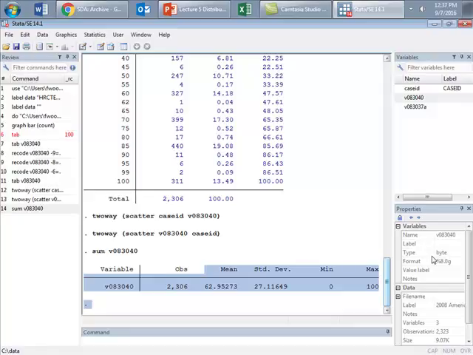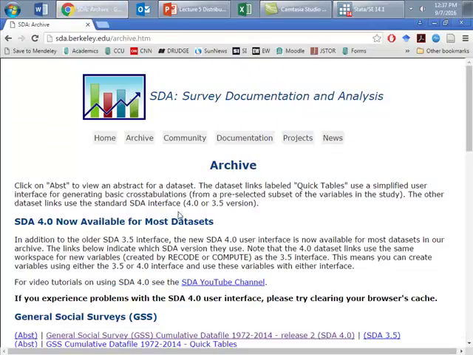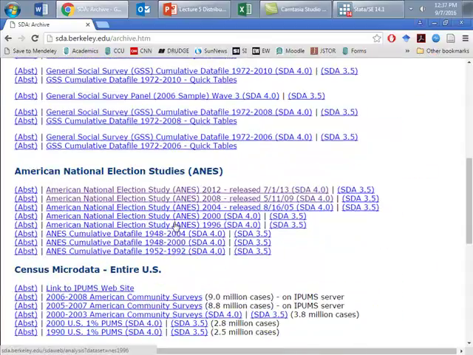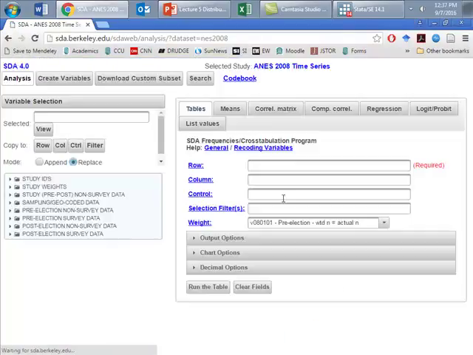Let's take a look at this by gender. I didn't prep this, but we'll do it really quickly. All right, here we are at the SDA website. We'll go into the archive. This data came from the 2008 National Election Study. And one of the things that's neat about this website is it will do some very simple calculations for you.